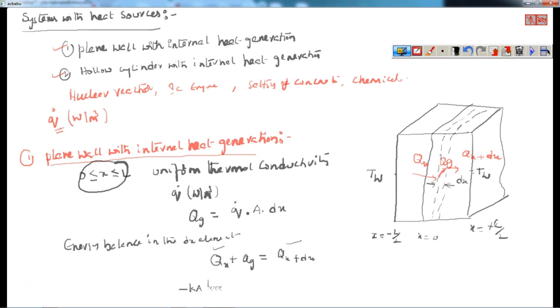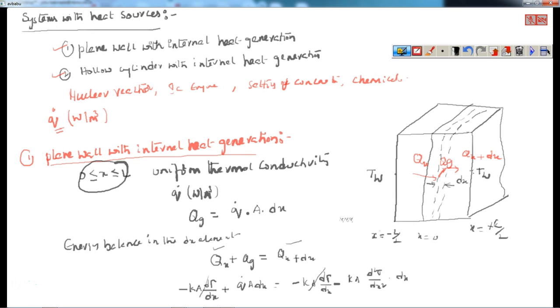Therefore, kA dT by dx, since it is one dimension, and Qg is equal to q dot A dx, is equal to minus kA dT by dx minus kA d square T by dx square into dx. Okay, right? So now here, minus kA dT by dx minus kA dT by dx, as I said, gets cancelled.